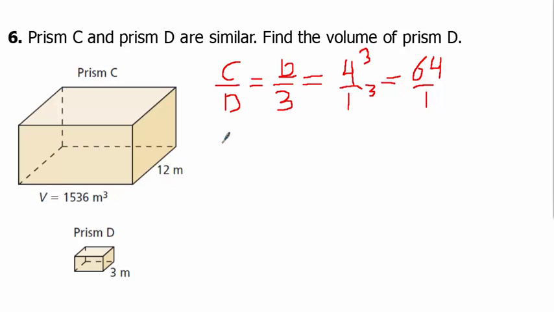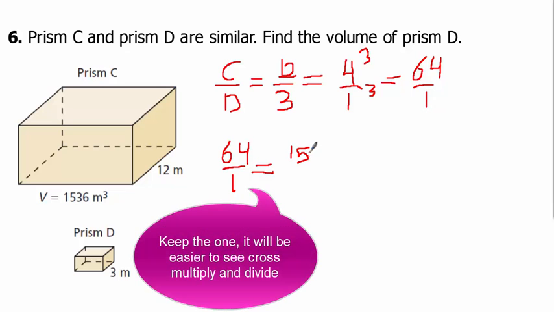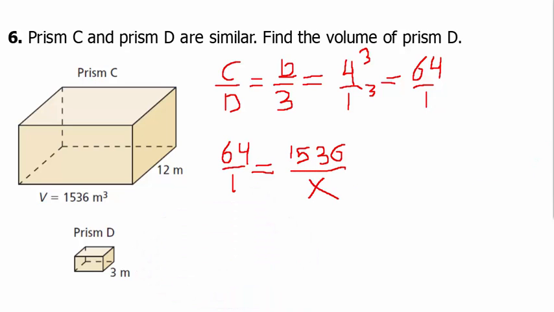Then I take that cubed scale factor, is prism D. Cross multiply and divide, and the volume of the small cylinder is 24 meters cubed.